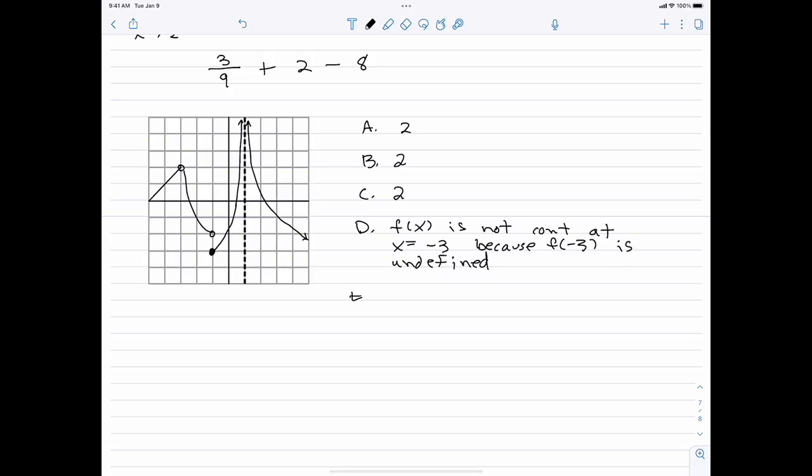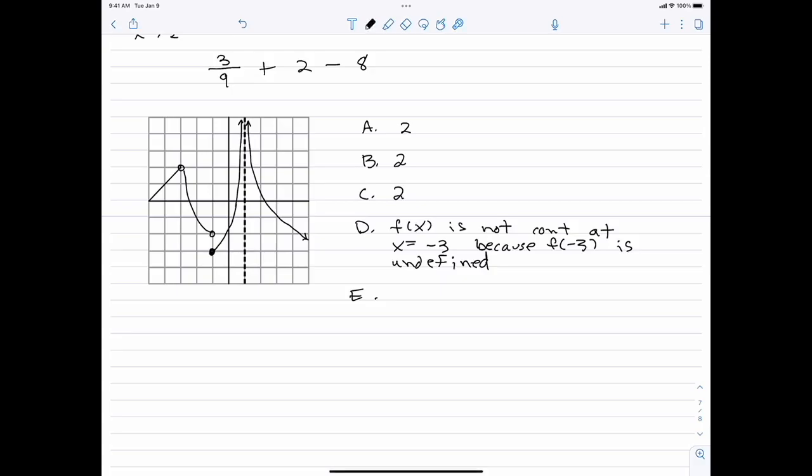E, what does E ask? E asks, what is the limit as x approaches -1? So in this case, I think you'd agree the limit doesn't exist, right? Because as I approach it from the left, it equals -2. As I approach it from the right, it equals -3.